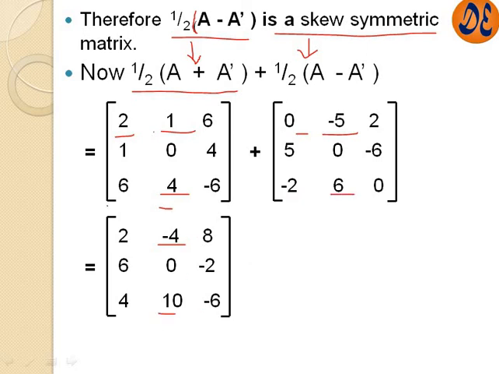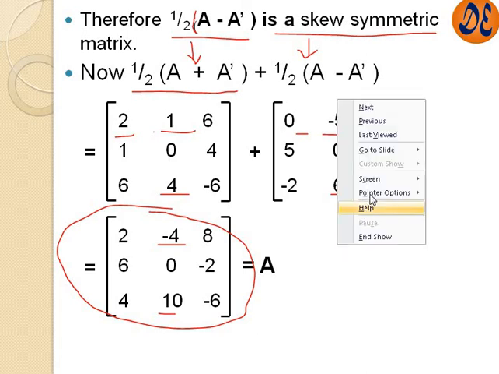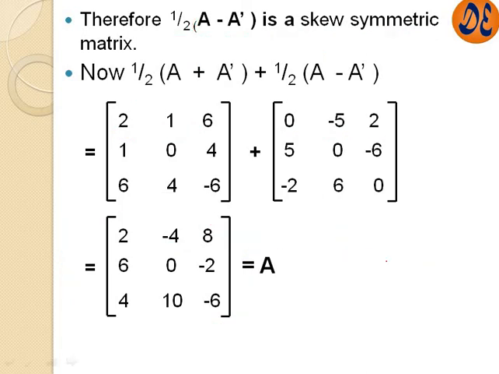If you check from our earlier example that we started with, it is nothing but the matrix A. So here we have expressed a matrix as the sum of a symmetric matrix and a skew symmetric matrix. So that was all for today.